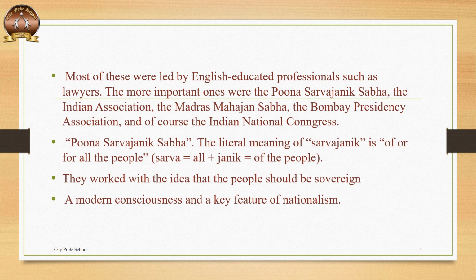The word sovereign means the capacity to act independently without outside interference. It means the people of India should be empowered so that they will be able to take their own decisions regarding their own affairs.